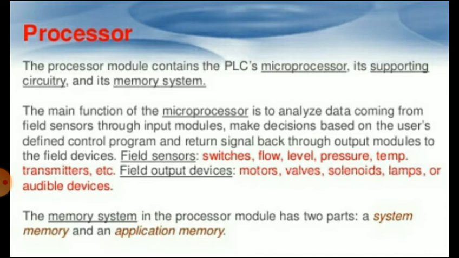Field sensors are switches, flow, level, pressure, temperature transmitters, etc. And field output devices are motors, valves, solenoids, lamps, and audible devices.